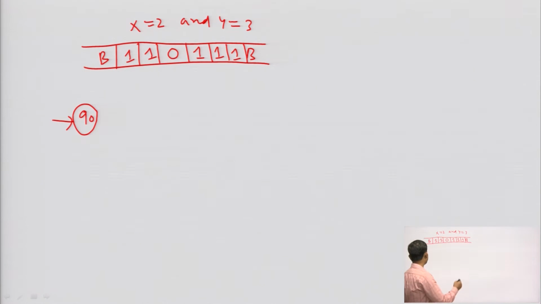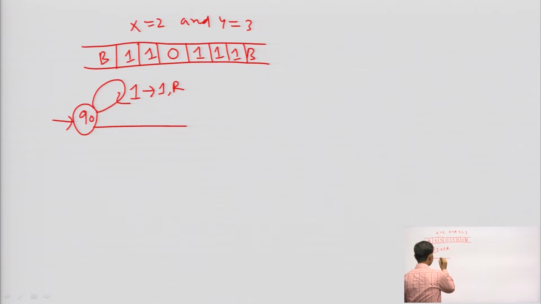Now, you have to make a loop here. This is 1, 1, 1, 2, right. Before 0, if any number of 1 is there, just read that 1 and keep it on the tape and move right.